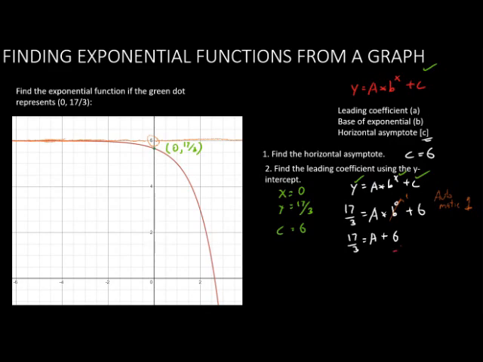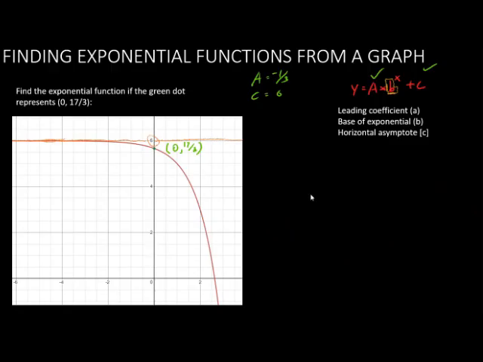If we subtract 6 from both sides, on the left, 17 over 3 minus 6 will give us negative 1/3. This will be our value for a, and so we can say a is negative 1/3. Now that we know a and c, our final task is to find b, the base of the exponential.